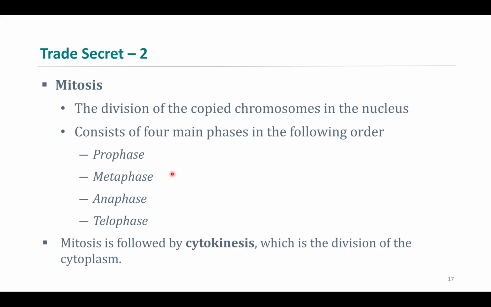I will show you in the next slide. In the anaphase, those chromosomes are pulled towards the opposite sides of the cell. And in the telophase, the chromosomes will uncondense, and then the nuclear membrane will start to reform.